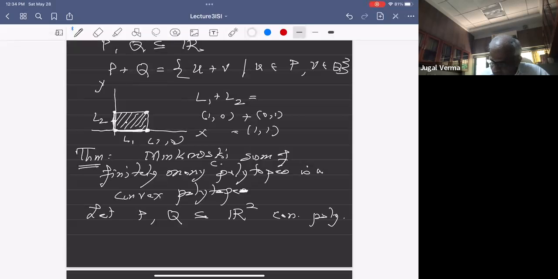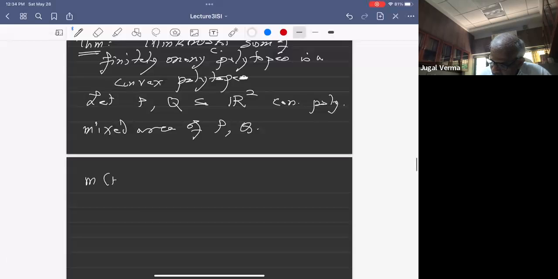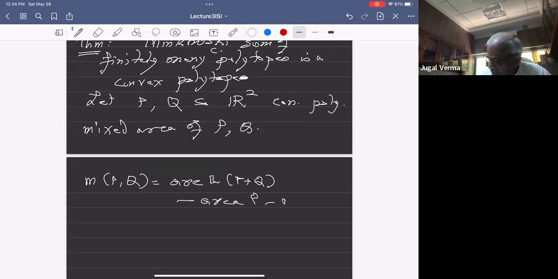Then I define what is called the mixed area of P and Q. This I denote by M(P,Q). This is a quantity which is the area of the Minkowski sum minus area of P minus area of Q.